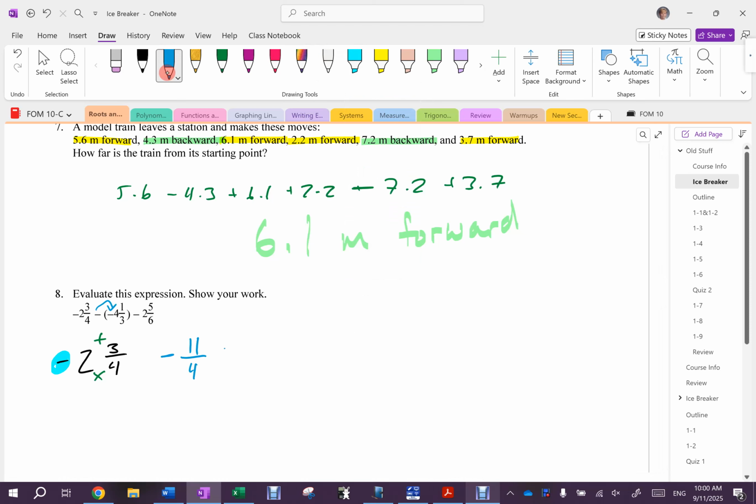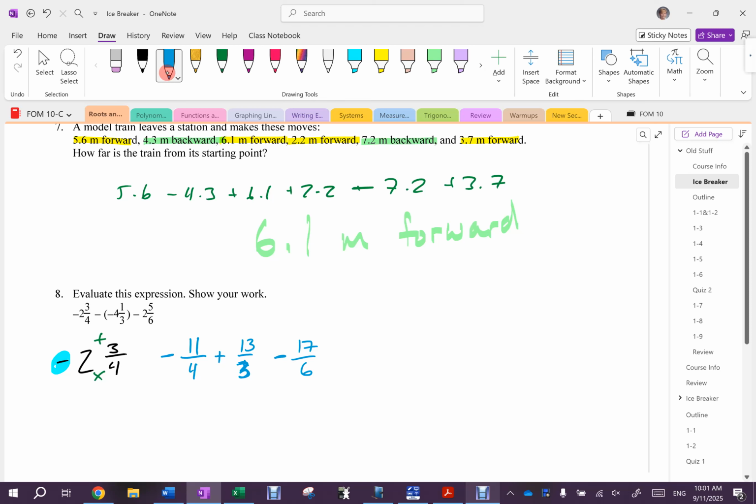I could write plus, or I could change this and leave it as negative negative. I'm going to make it plus. You know this negative right here means nothing. So that is 3 times 4 plus 1, which is 13/3, minus 6 times 2 plus 5 is 17, right?